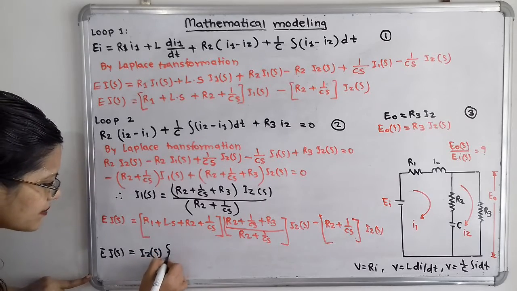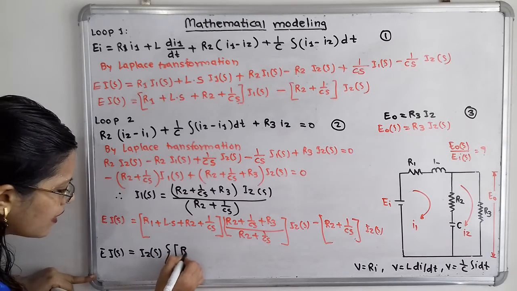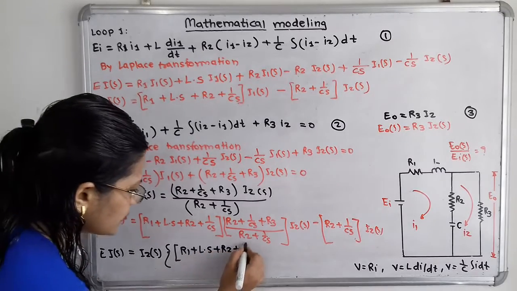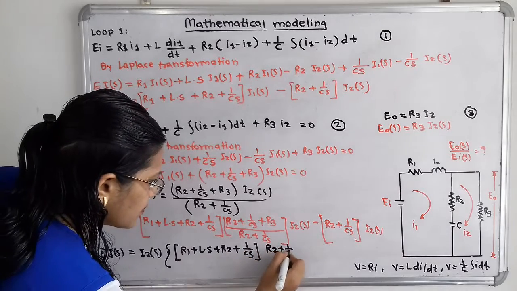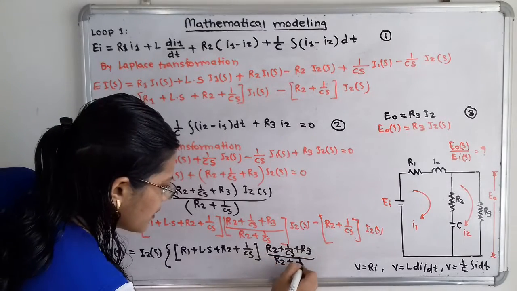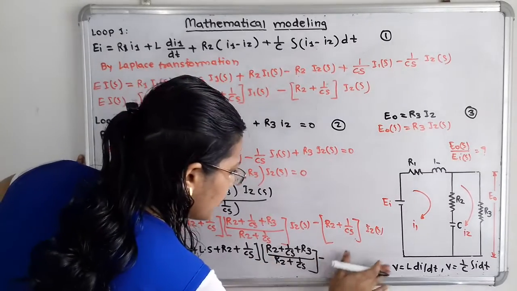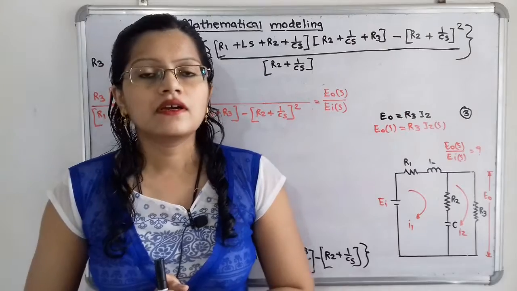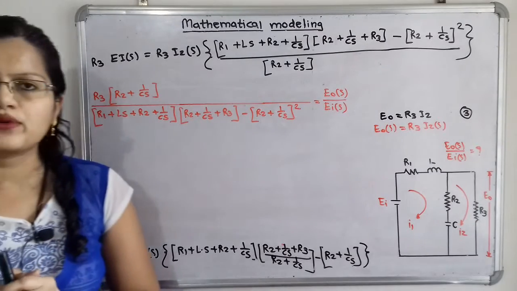Then inside the bracket I will take R1 plus Ls plus R2 plus 1 by Cs, times R2 plus 1 by Cs plus R3 divided by R2 plus 1 by Cs, and minus R2 plus 1 by Cs. If we observe this equation, it is in terms of EI of S and I2 of S.